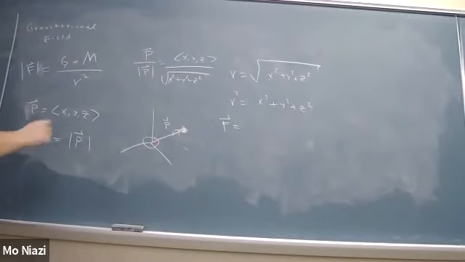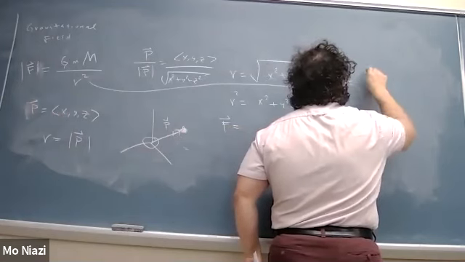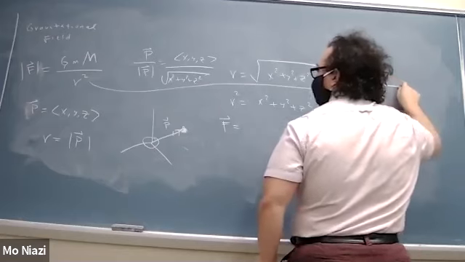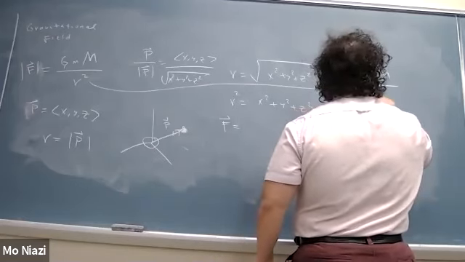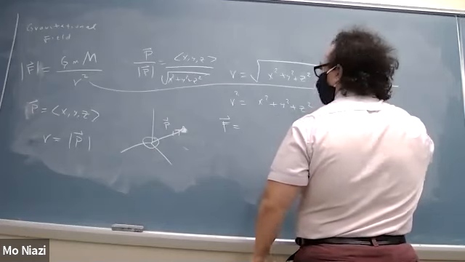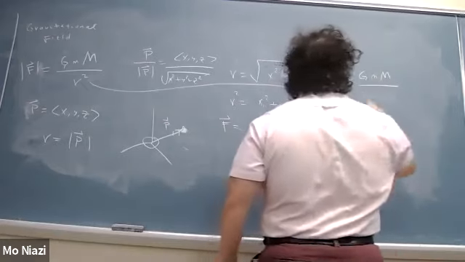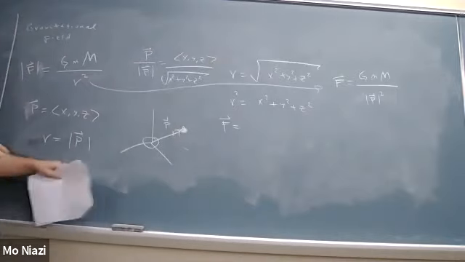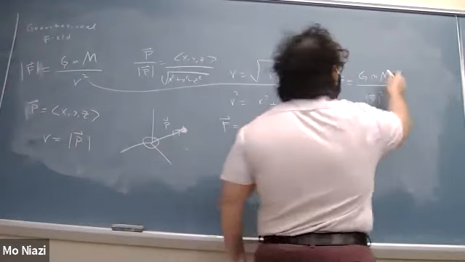So rewriting this equation right here, we get the gravitational constant, mass 1, mass 2, divided by, instead of r squared, x squared plus y squared plus z squared. Actually, let's just keep it as the magnitude of p squared, since r is the magnitude of p. Then for it to be a vector, it's missing something because this is just purely a scalar.